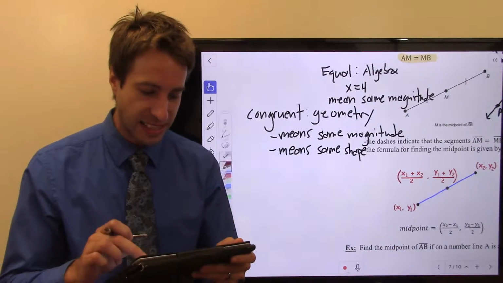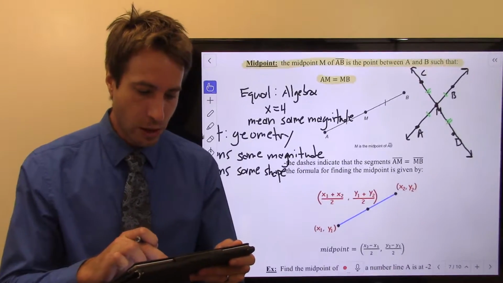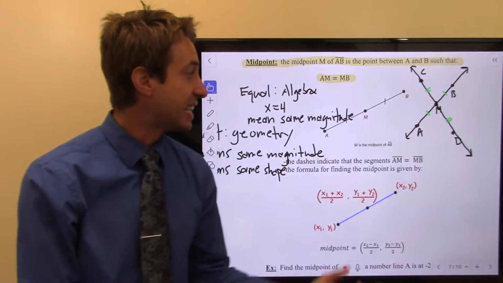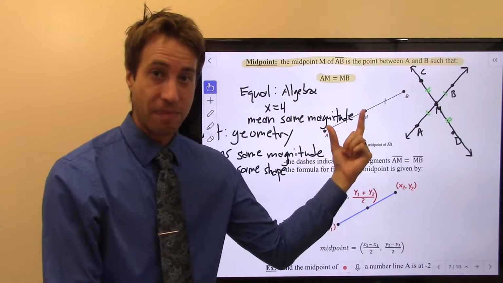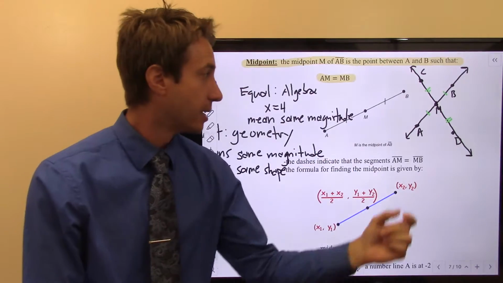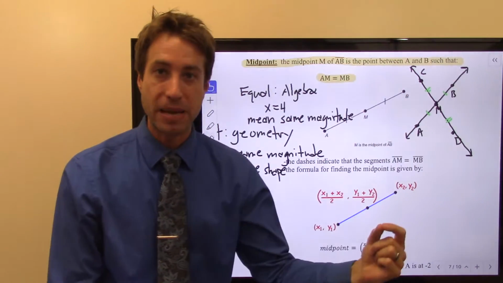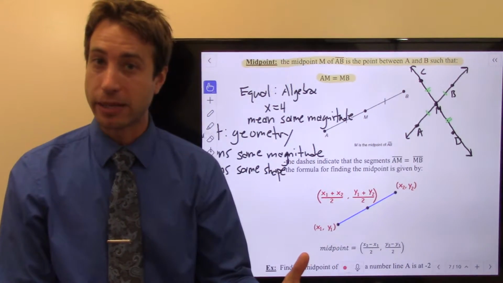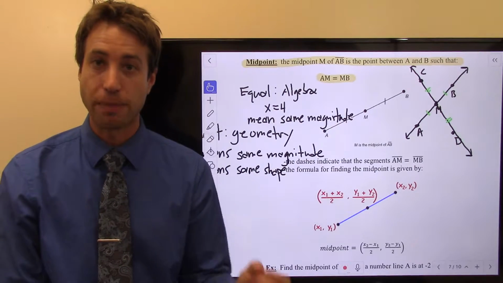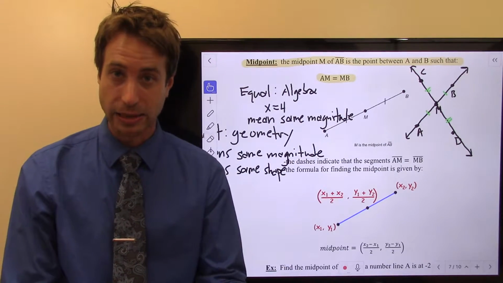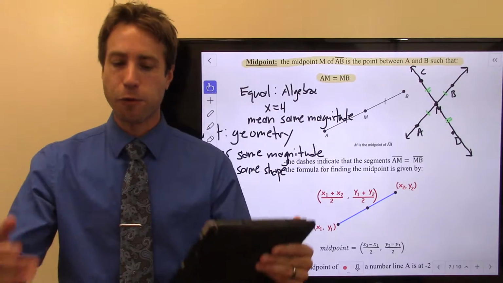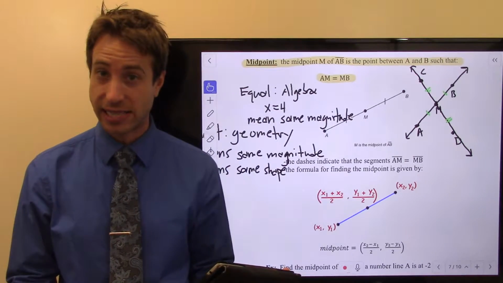So if I go back to this diagram, what I would say is line segment AM is congruent to line segment MB. Not only do they have the same magnitude, they also have the same shape. They're both lines.